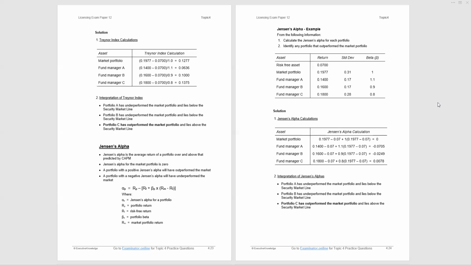Now, please remember that the capital market line is relevant to the Sharpe ratio, whereas the security market line is relevant to both Treynor Index and Jensen's alpha, because they're looking at beta, which is measured by the security market line.